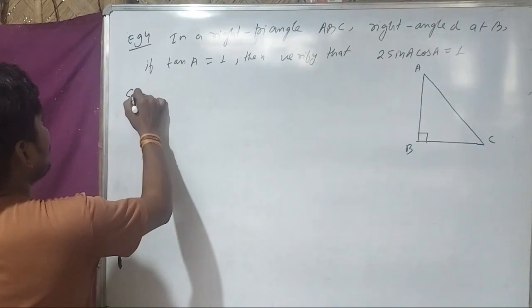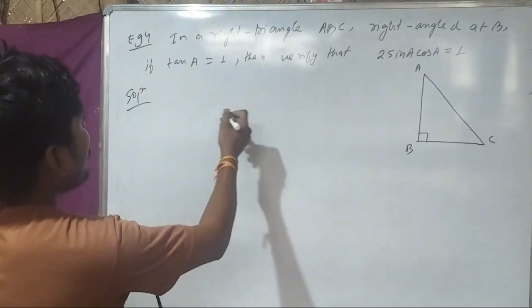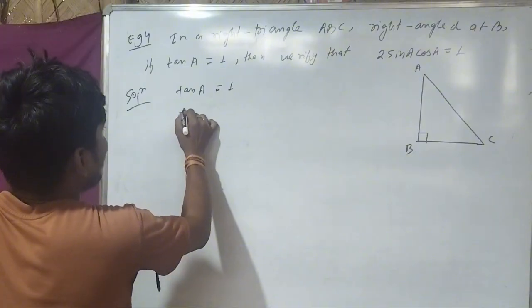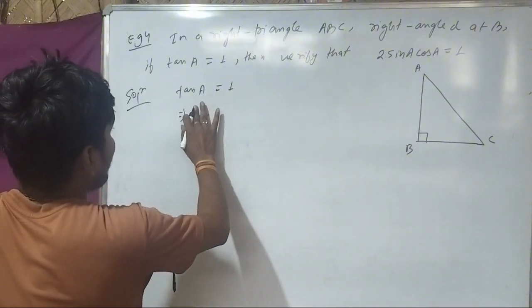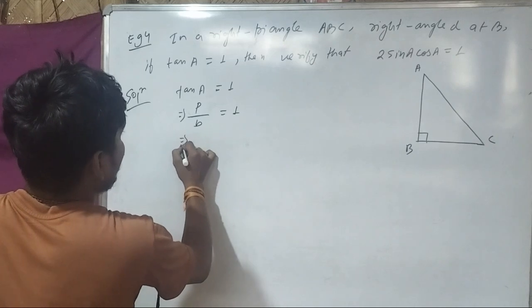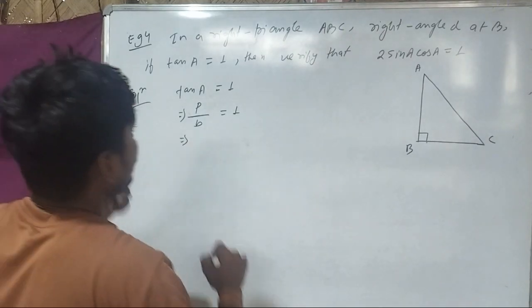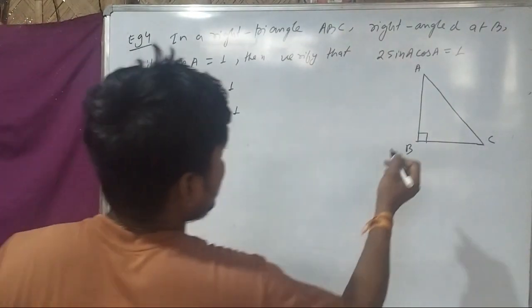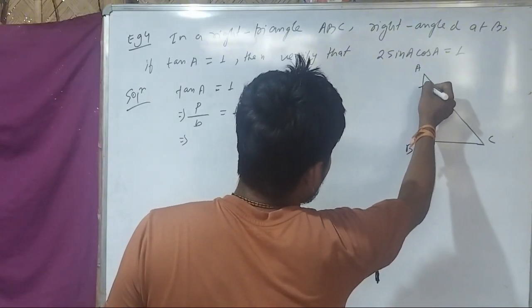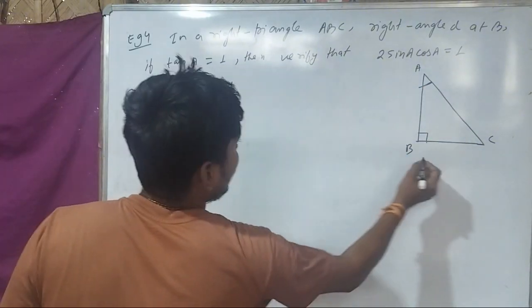Now see, what do we find? What is given? Given tan A equal to 1. Tan A means perpendicular by base, P by base equal to 1. Tan A is with respect to this angle, so opposite to angle A will be the perpendicular.